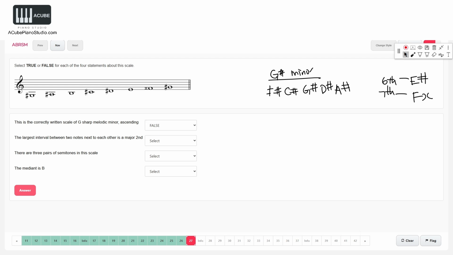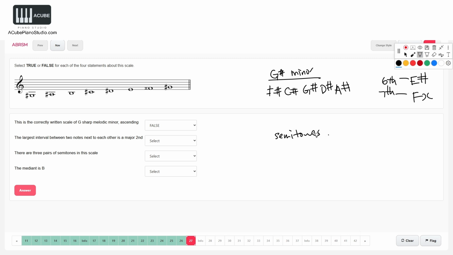Okay, next, the largest interval between two notes next to each other is a major second. So they are referring to the notes here. Remember whenever we are doing intervals, we can look at intervals by using the major key as a reference, or we can count the number of semitones.